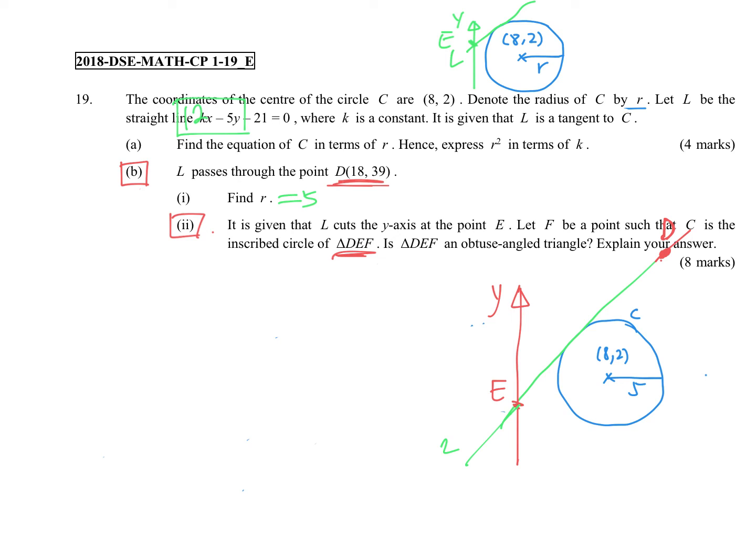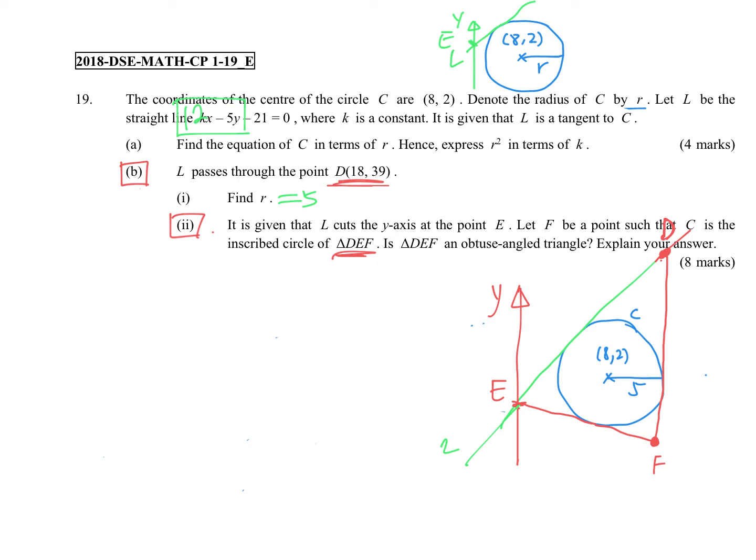F is a point such that C is the inscribed circle. So we need two other lines. So D draw to, yeah, that's good. And then F like this. Oh yeah, good. So that would be the point F.